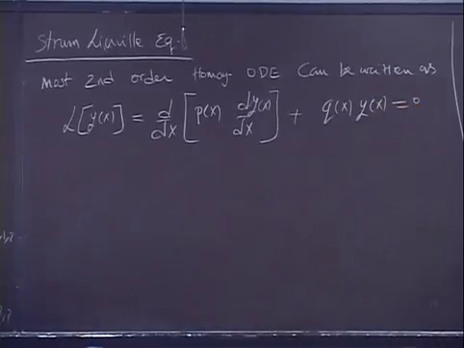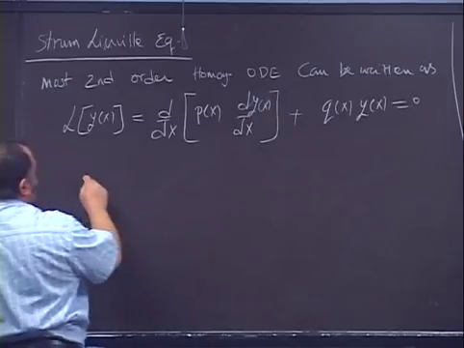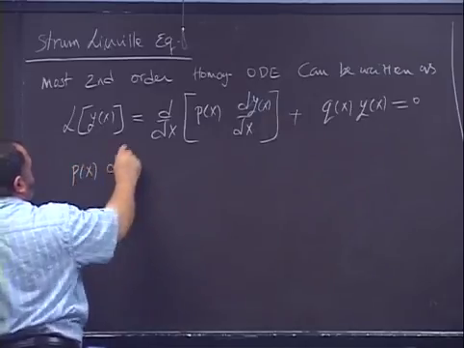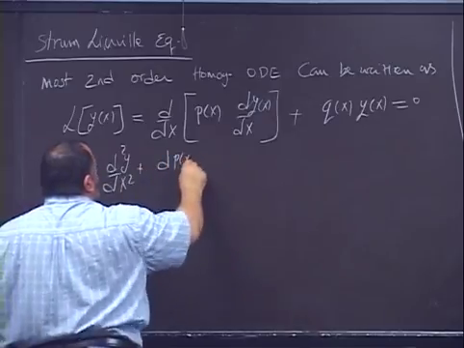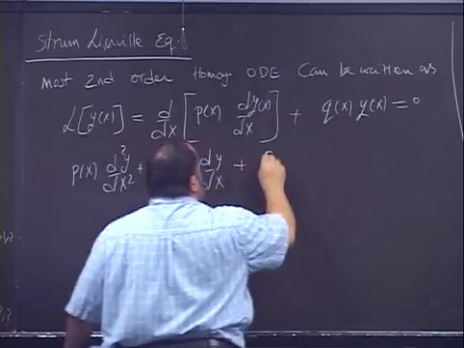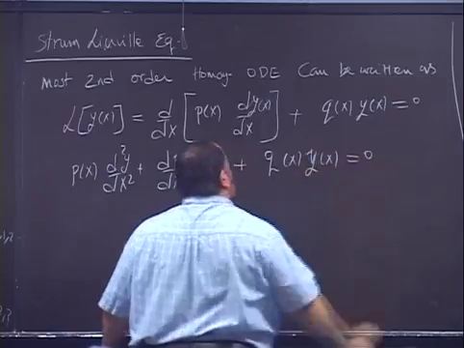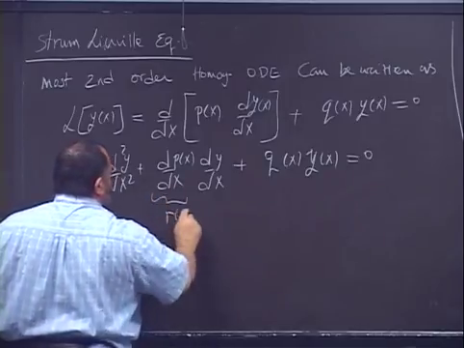So this is not the same form that we used to have for the second order differential equation, yes? If you want to transform it, it will be p of x multiplied by d2y by dx squared plus dp by dx dy by dx plus q of x y of x equal to 0. And now this is r of x.